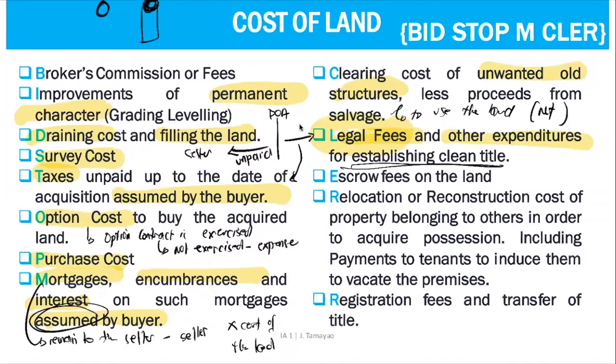Next, we have your escrow fees on the land. So what is an escrow fee? Actually, they say escrow fee is like a broker fee. But the main difference between a broker fee and an escrow fee: pag broker fee lang kasi, babayaran mo lang yung broker kasi inayos nila yung transaction ninyo between the seller and the buyer. But in your escrow, you have here a buyer and the seller, but the escrow will hold the property in trust until such buyer can pay the amount that is demanded by the seller. So dito, parang may holding in trust. Yun yung difference nila.